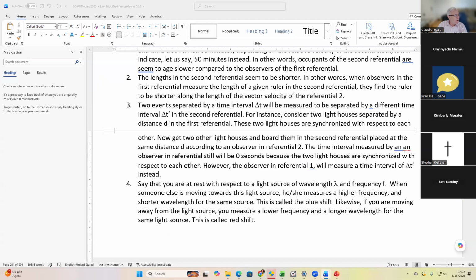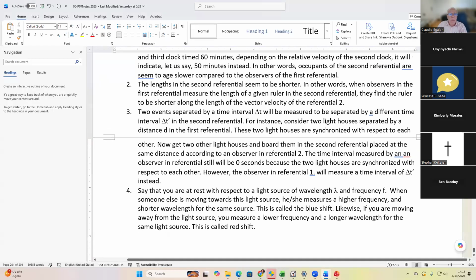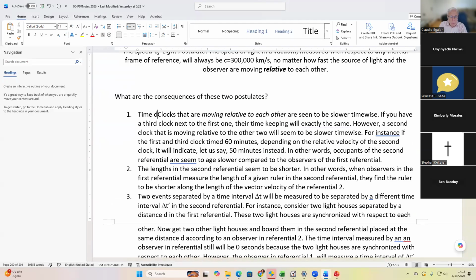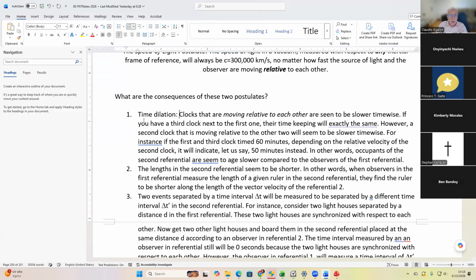Like I said, four different consequences of Einstein's postulates. The first one that you see right in here is referred to as time dilation. Clocks that are moving relative to each other seem to be slower time-wise. If you have a third clock next to the first one, their timekeeping will be exactly the same.